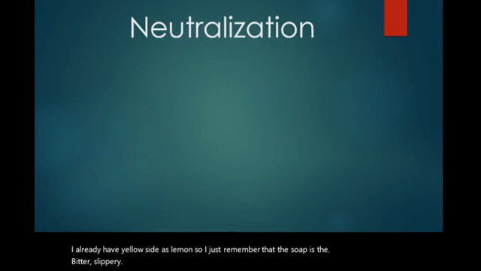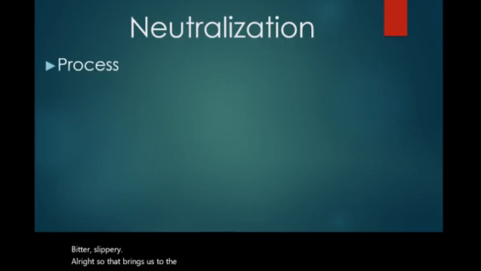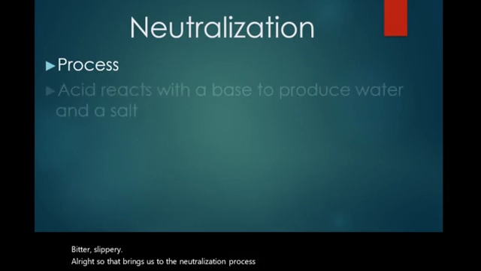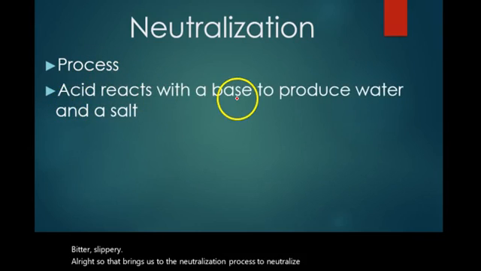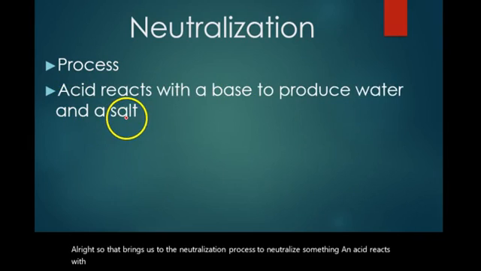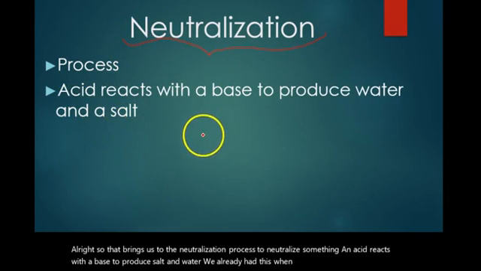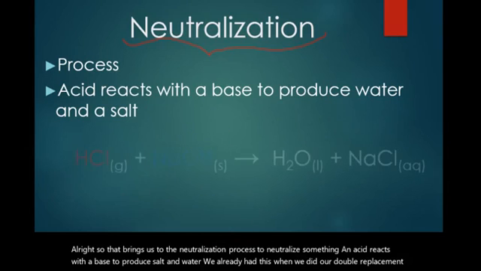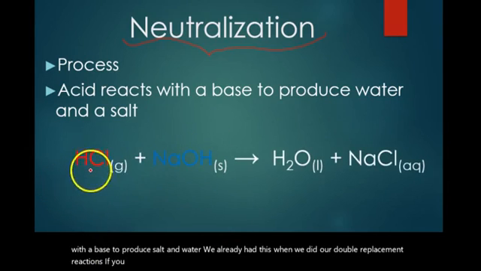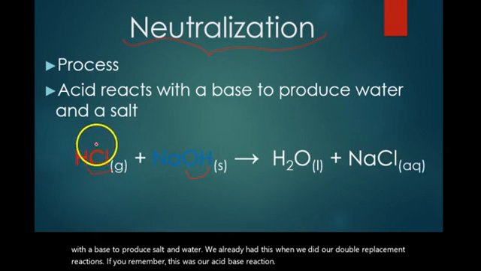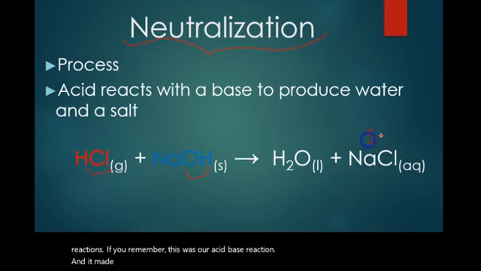All right, so that brings us to the neutralization process. To neutralize something, an acid reacts with a base to produce salt and water. We already had this when we did our double replacement reactions. If you remember, this was our acid-base reaction, and it made a salt.